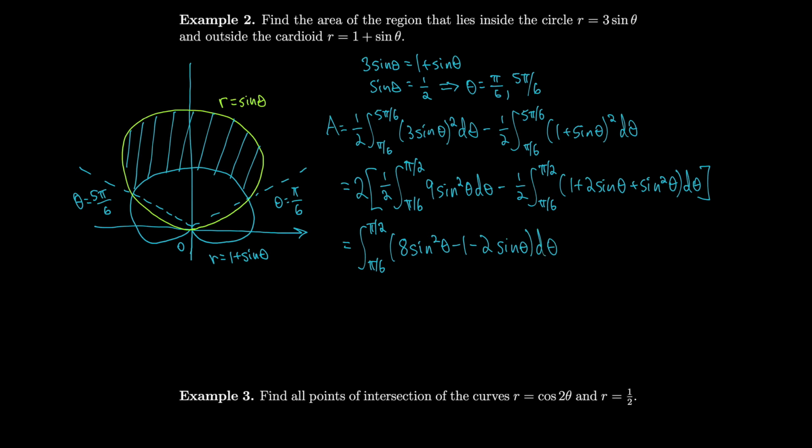We can keep our 2 sine, we can keep the 1, but 8 sine squared we can rewrite. Remember that we have a half angle identity for sine, where sine squared is half of 1 minus cosine 2 theta. So this integral can be written as the integral from pi over 6 to pi over 2 of 3 minus 4 times cosine of 2 theta minus 2 sine theta.